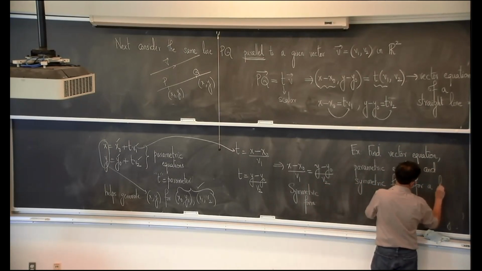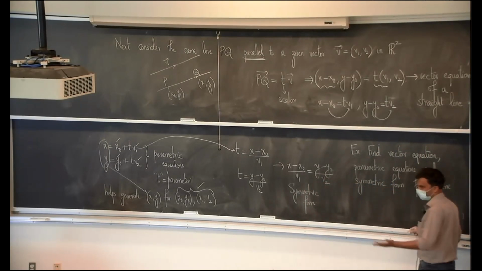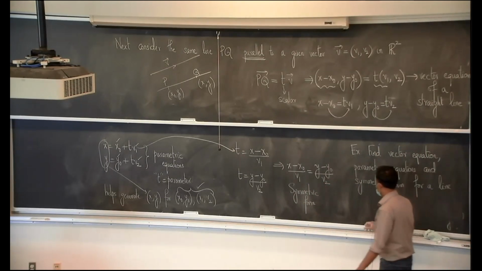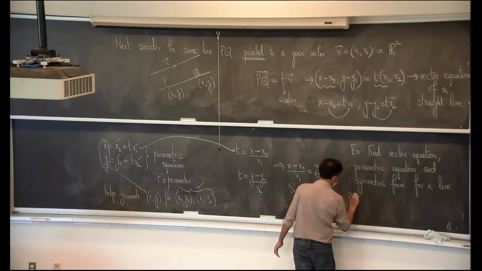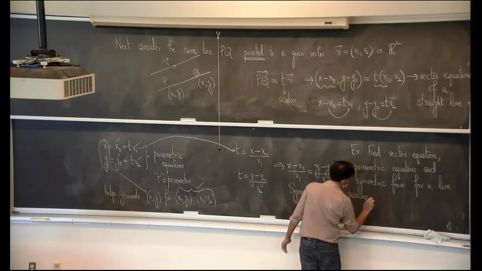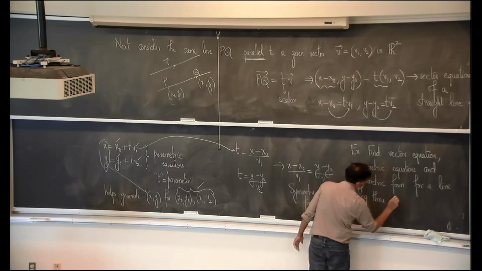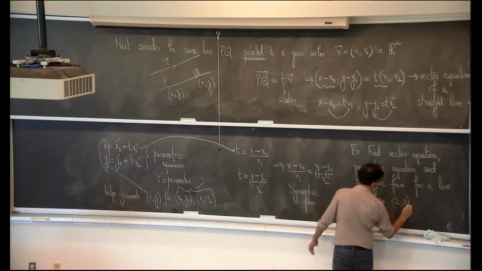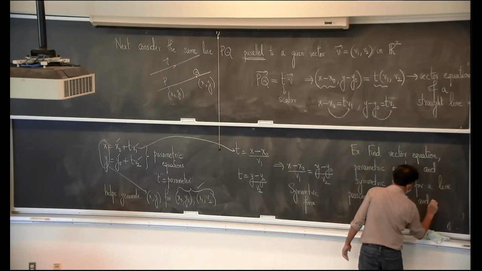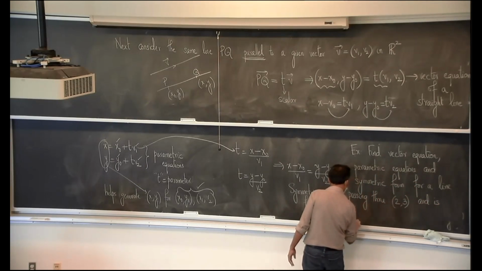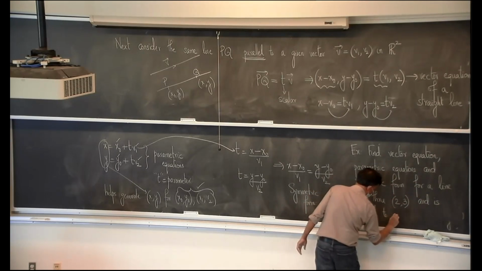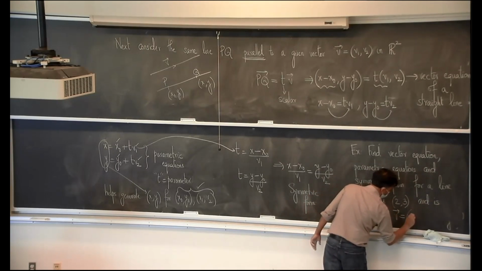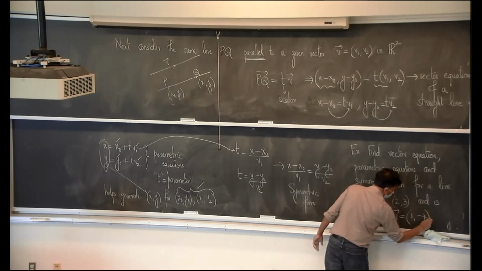A straight line, I'm just going to write line, but that's assumed to be a straight line, passing through the point Q 3 and is parallel to the vector v equal to 1, -4.